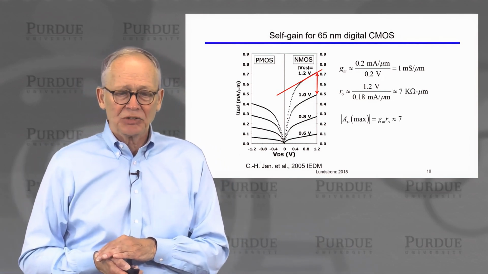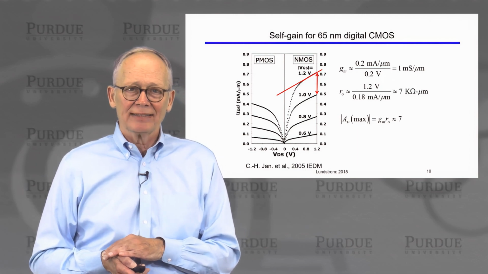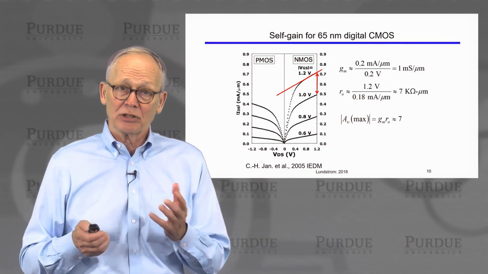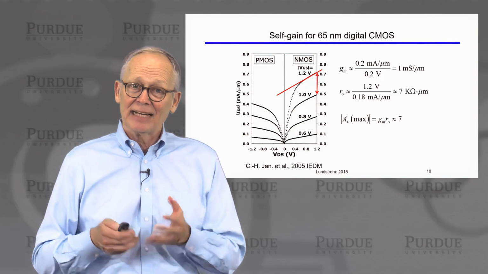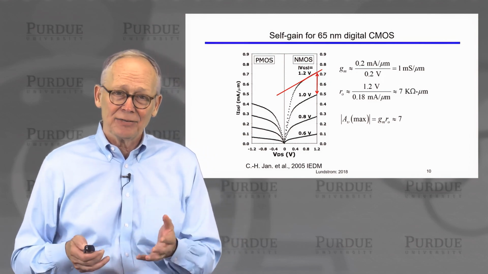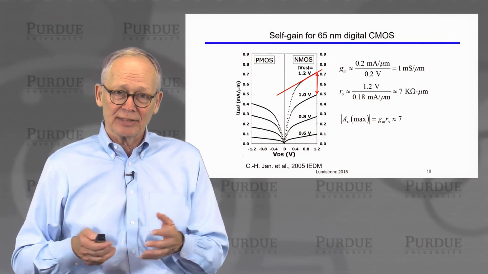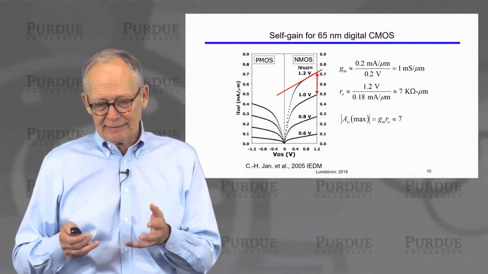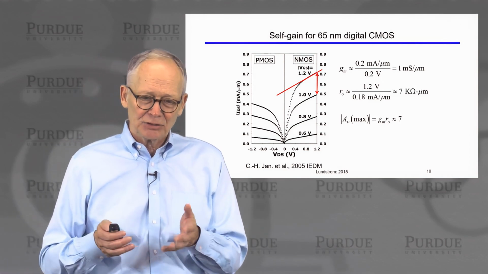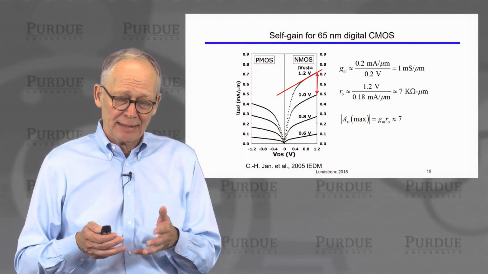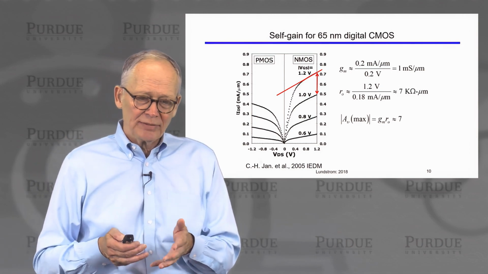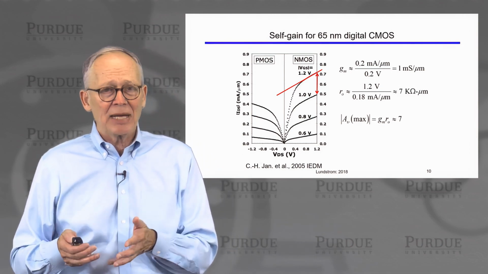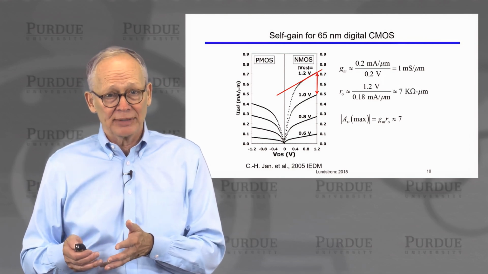Okay, what's the maximum gain, the self-gain? It's just a product of the two. It's going to be 7, all right? That's not high. It's high enough that we can do some useful things, especially if we cascade amplifiers together. This is one of the reasons that for some applications, people will go to bipolar transistors.